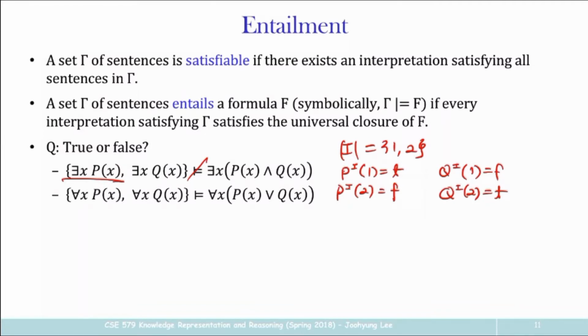4? Yeah, 16. For P we got 4, because P(1) and P(2) can each be either true or false, so 2 times 2, and Q is the same, 2 times 2. So there are 16 interpretations. Those people who said true may have computed the 16 possibilities at one time.